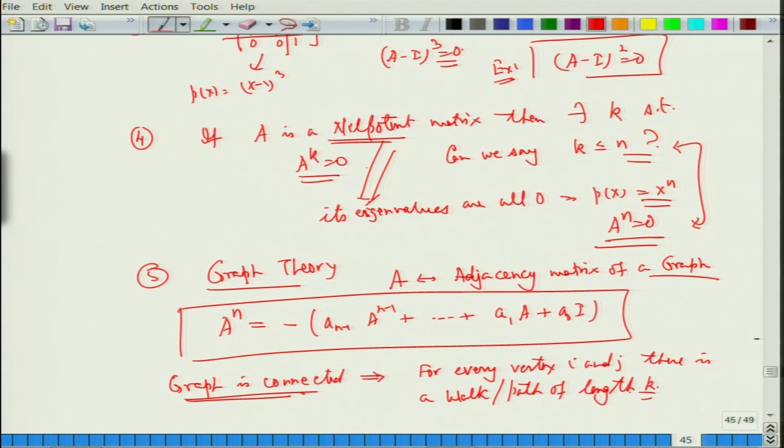What this tells me is that I just need to go till n minus 1. So, if i and j are connected, then the path that I want to look at is only till n minus 1. The maximum distance between any two vertices of a graph having n vertices is n minus 1. That is what it says. Is that okay?